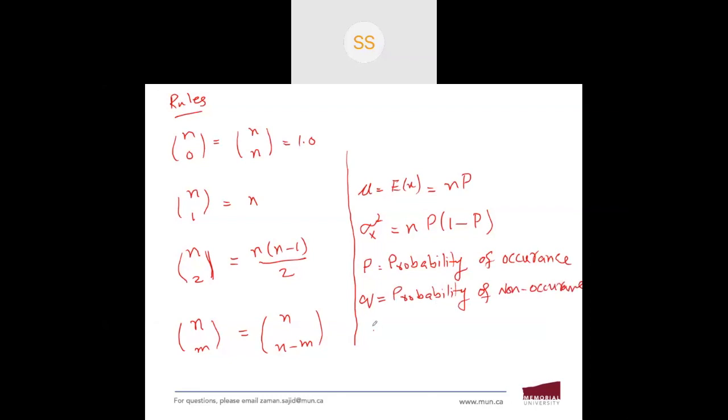Or I can say that q is basically equal to 1 minus p. So why am I telling you this? Because this formula is sometimes also written as sigma x square equals n of p into q.